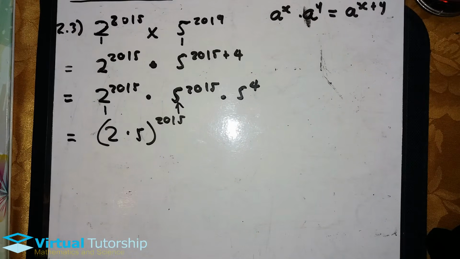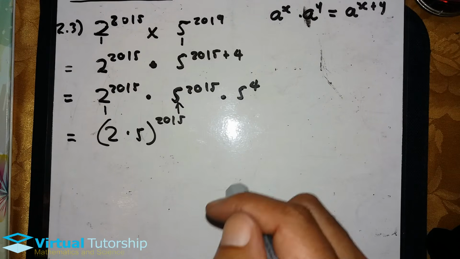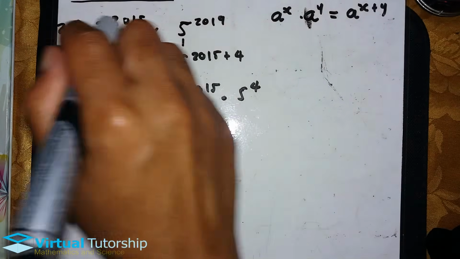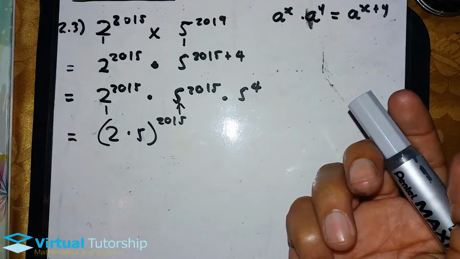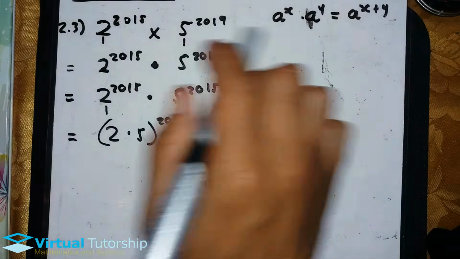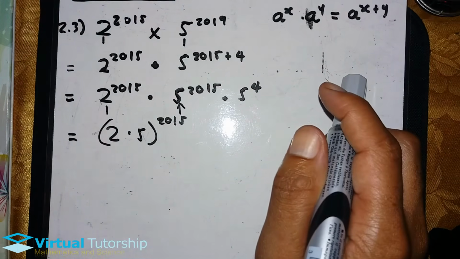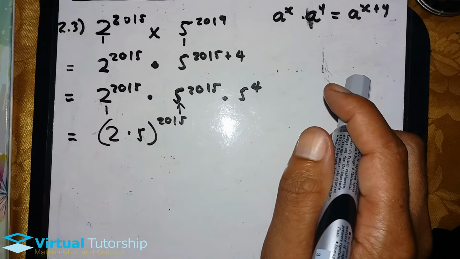It's easier to work with a base of 10. Remember we want to add the digits of this product. And by the way, if you try to put this thing into the calculator, the calculator cannot handle it. It's too much for your calculator.